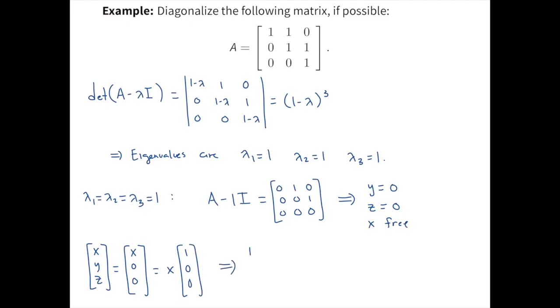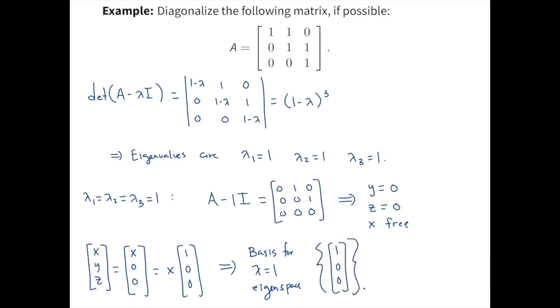And so therefore, a basis for the lambda equals 1 eigenspace is just this vector here, okay? Now this is going to be a problem. Remember, in order to diagonalize my matrix, I need to get 3 linearly independent eigenvectors.